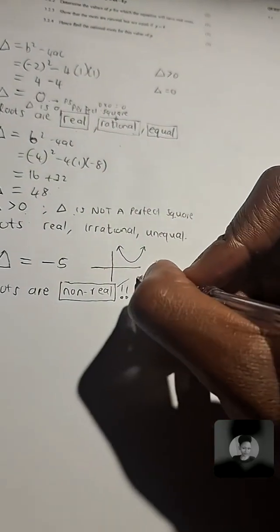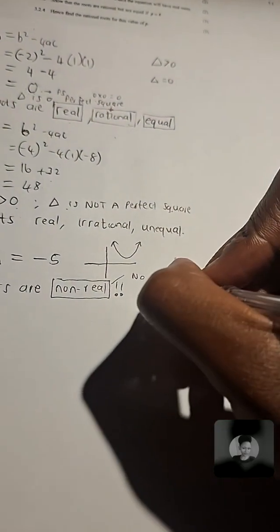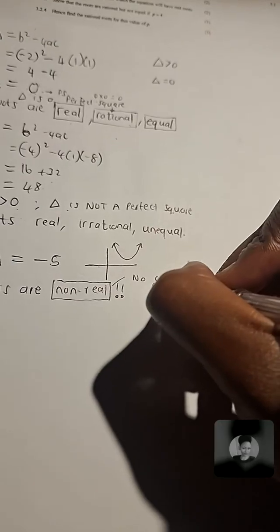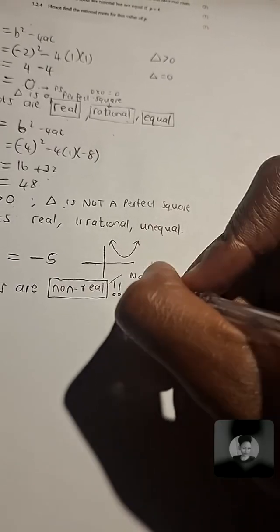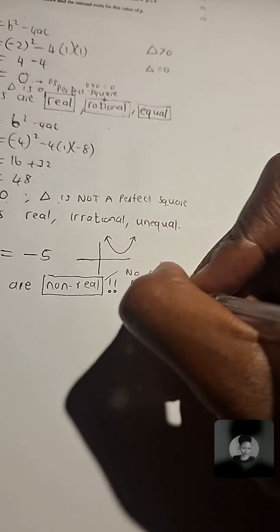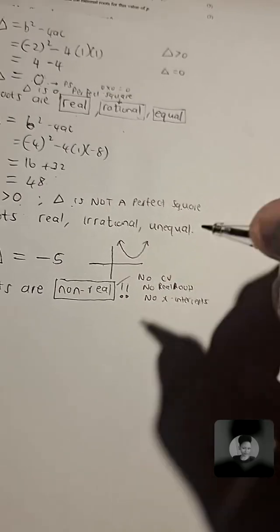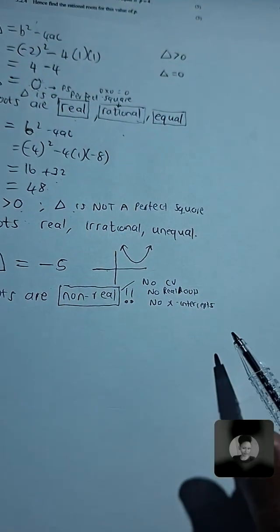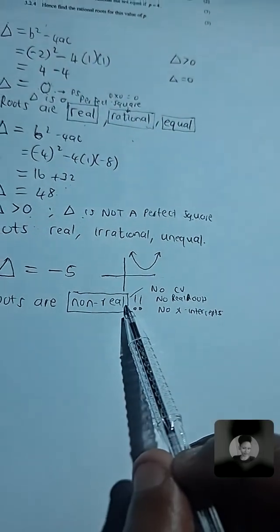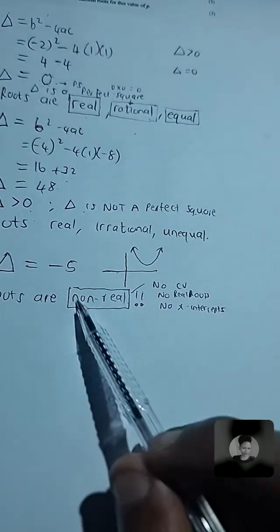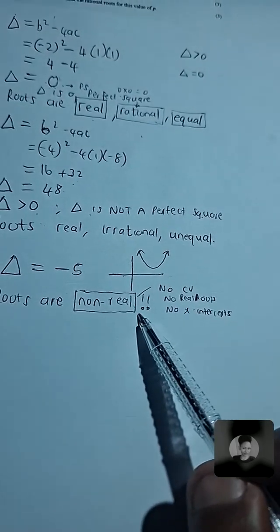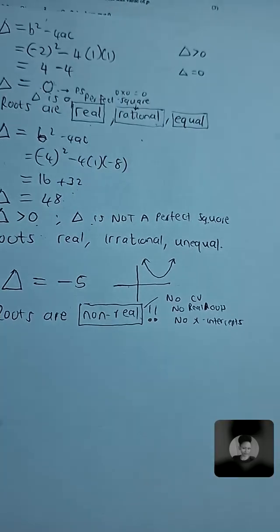No critical values, no real roots. No real roots, no x-intercepts. This means one and the same thing. So we can't say anything more about something that does not exist. In other words, we are saying these are imaginary roots. You see?